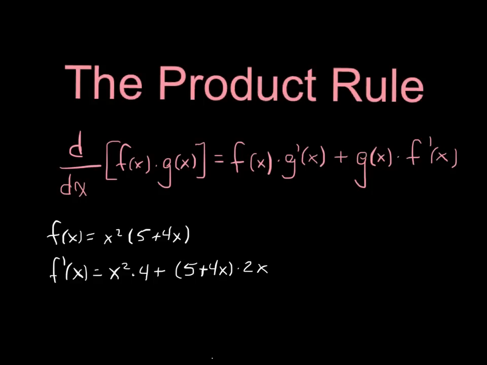Now this doesn't look like the derivative we got before, but if we simplify, we've got 4x squared. I'm going to distribute the 2x. We get 12x squared plus 10x, which is the same derivative that we got before.